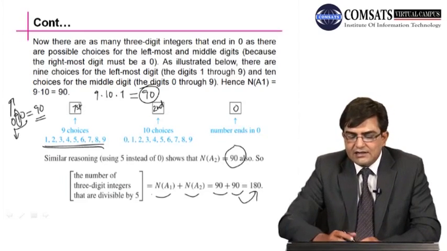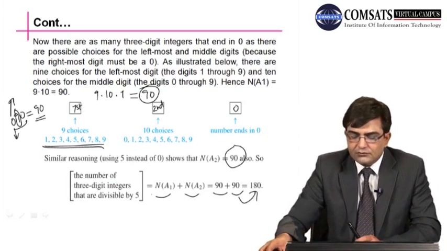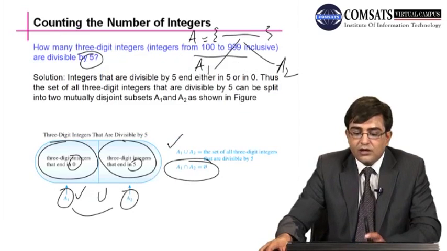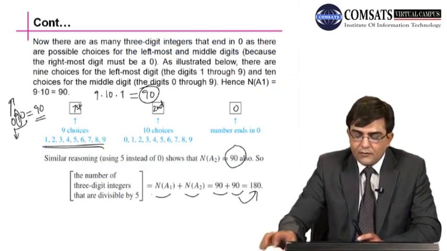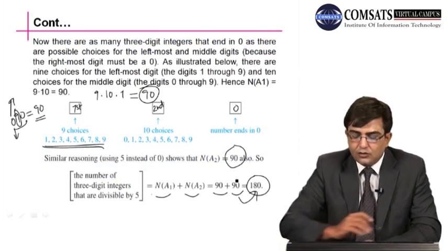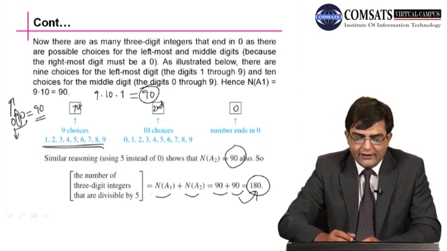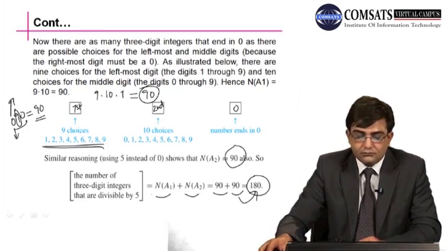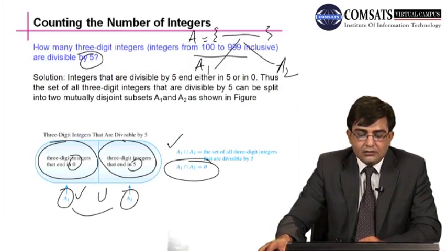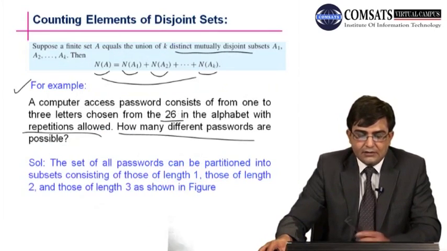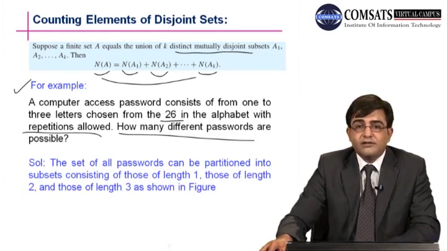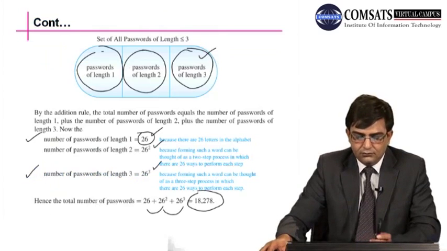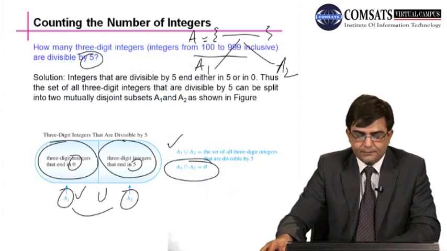So 180 of the 3-digit integers from 100 to 999 are divisible by 5. This is how we can calculate the number of integers by using this counting elements of disjoint sets definition.